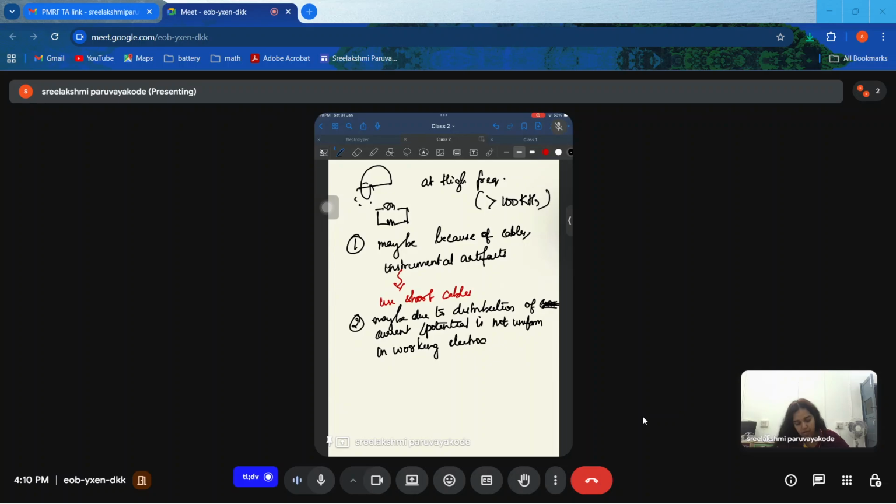What does this mean? There is no uniform distribution of current or potential on the working electrode. This arises because of the size of the working electrode. That is, the working electrode is very large, but the reference electrode is close only to one part of the working electrode.